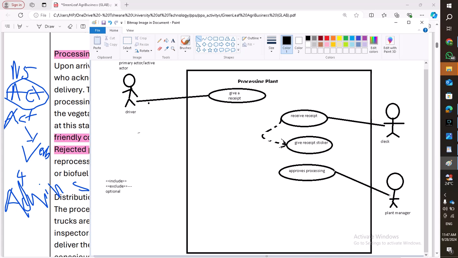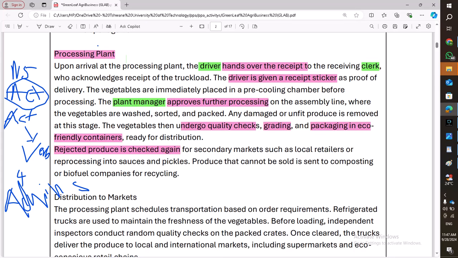After that we have the system. The system is doing a lot of things. This system is busy: quality check, grinding, packing in a container, and if there's a fault, check again. What does the system do?